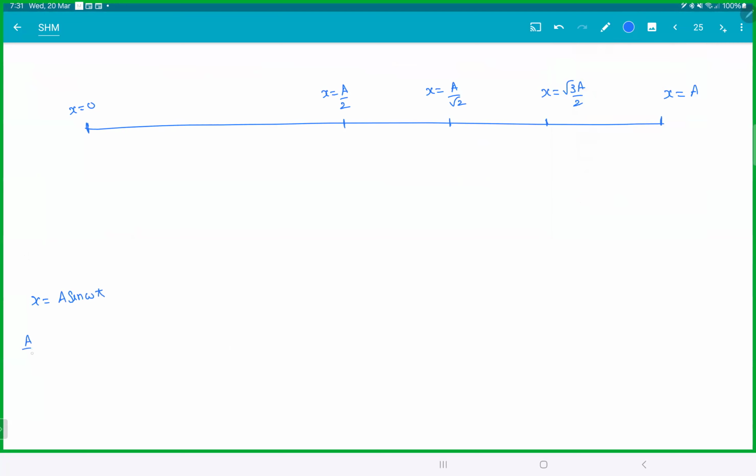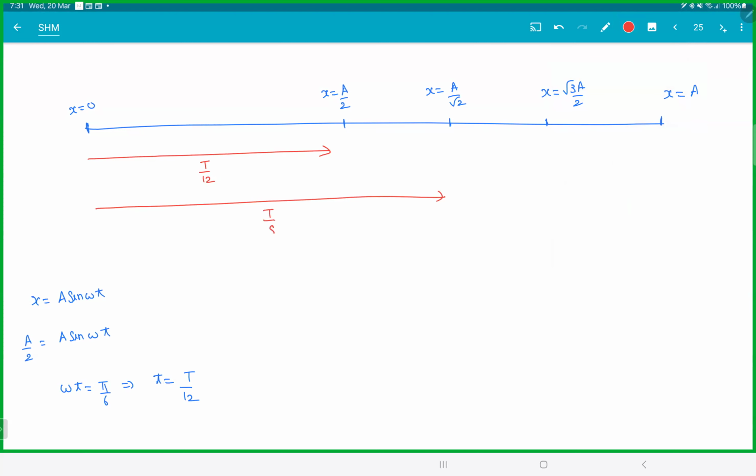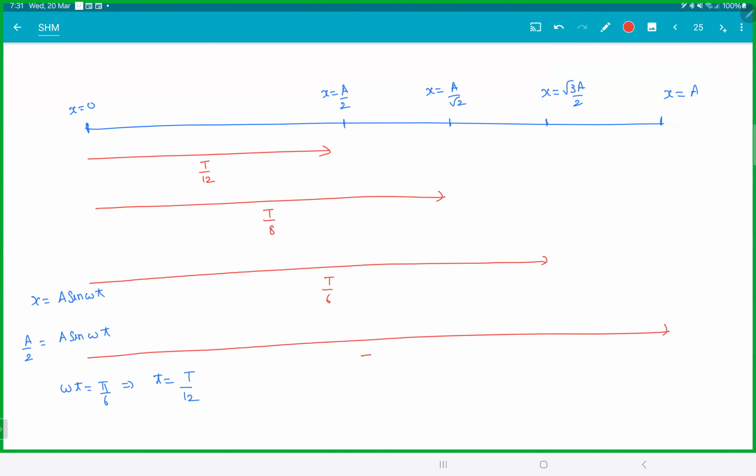If you put a/2 here, you get sin omega t = 1/2. We will take the smallest possible value, omega t is pi/6. Therefore, t will be 2 pi by omega divided by 12, that is T/12. Like this, you can find for each value. So from 0 to a/2, the time is T/12. From 0 to a/root 2, time is T/8. From 0 to root 3 a/2, time is T/6. From 0 to a, time is T/4.